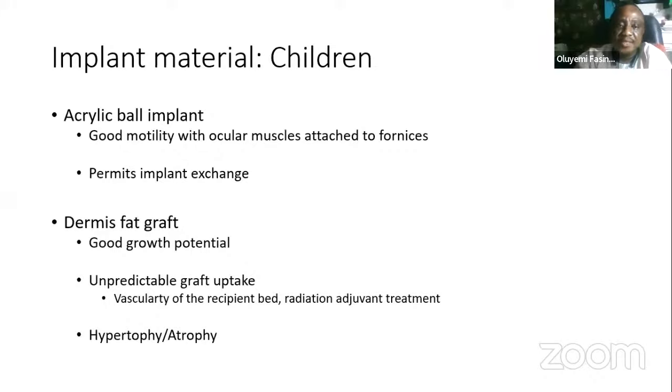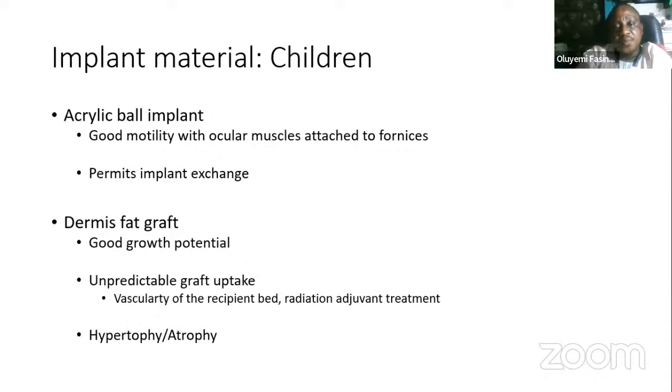But more importantly is the dermis fat graft, which can also be used in children because it has a good growth potential. Basically, we are talking of harvesting the dermis fat graft in the periumbilical region and placing that to replace the volume in the socket. So there's tendency, as a child is growing, for this to also develop.